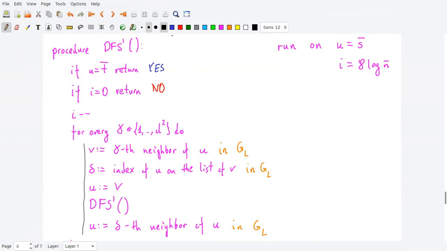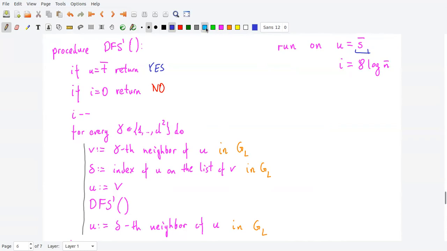If I start with some vertex S, actually this will not be the original vertex S, because the original vertex S lives in the original graph G. I will need to test reachability between anybody from the cloud of the original vertex S and the cloud of the original vertex T, where the cloud is all the vertices that the original vertex eventually got substituted with.